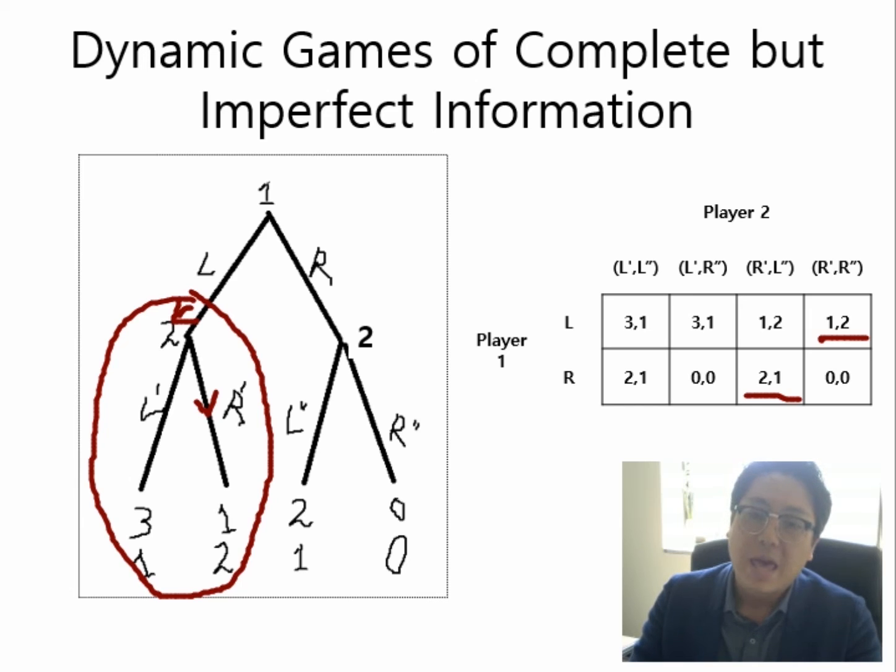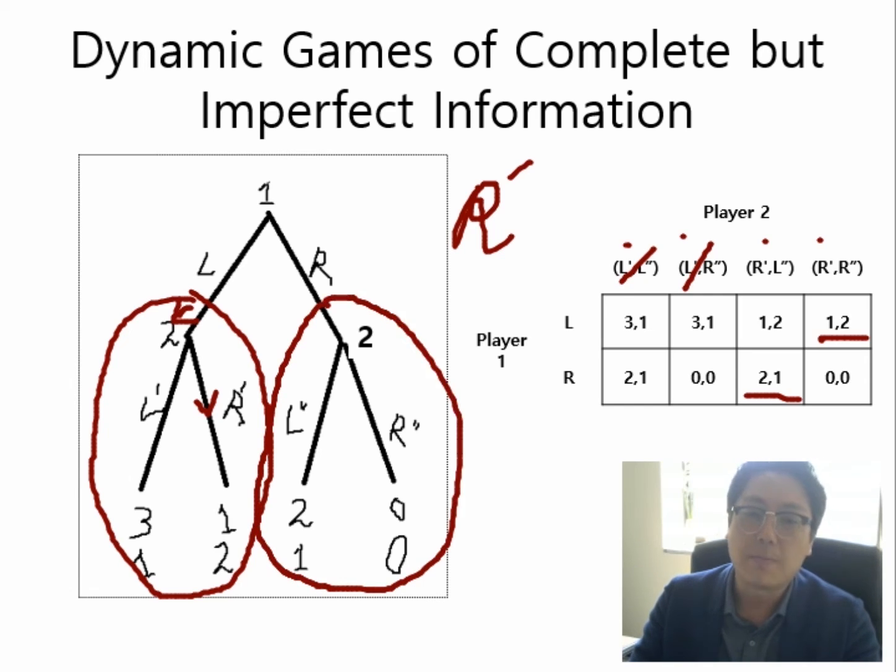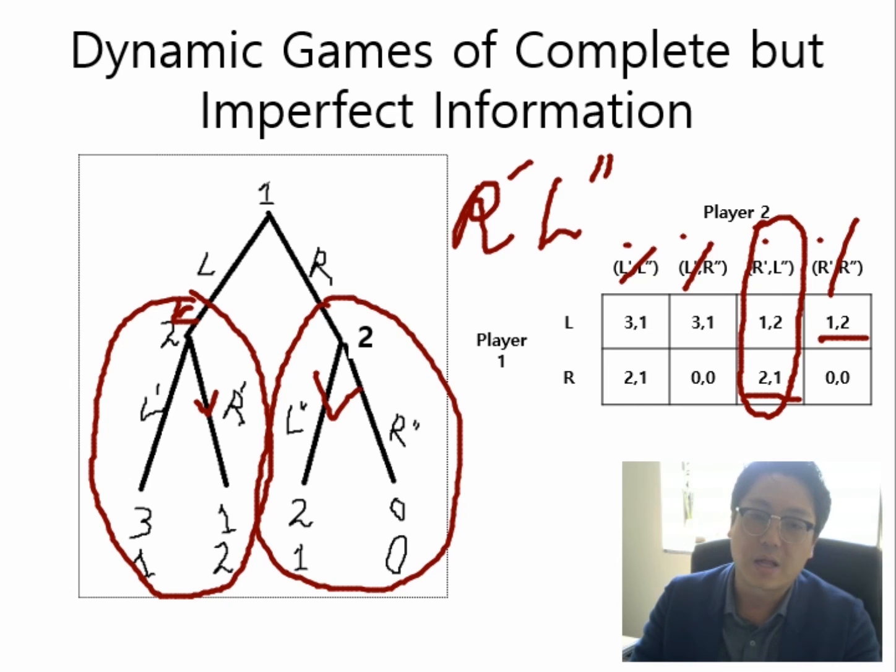So at the first information set, the first player should play R' all the time. So it doesn't make sense from the beginning. And in this small subgame, a second player choosing L', L'' doesn't make sense at all. The only remaining strategy for the second player is R' and L''.